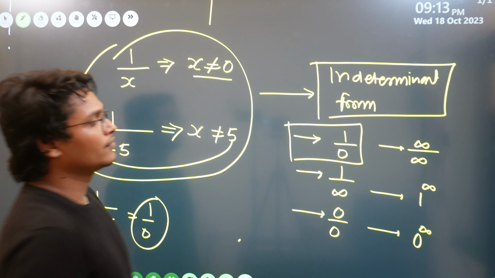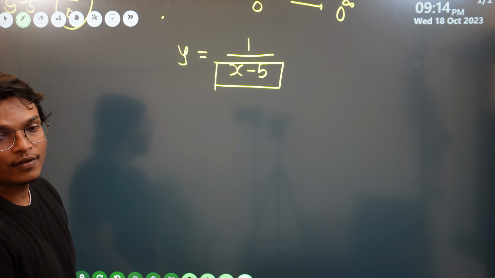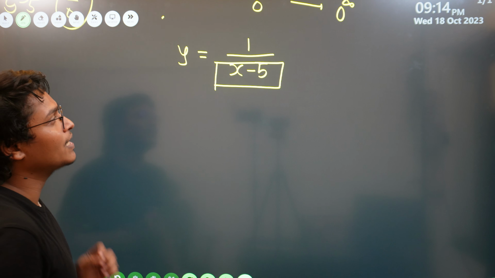Now let us understand asymptotes. What is the meaning of an asymptote? If I have taken the function y equals 1 upon x minus 5, whenever a variable is coming in the denominator, we put that whole denominator equal to 0 and find the value of that variable.